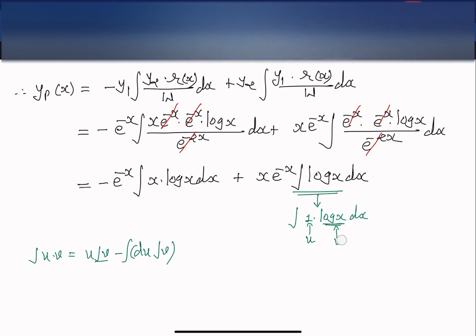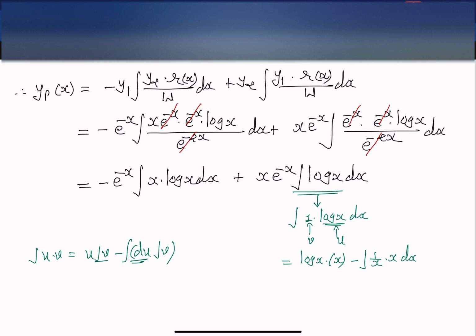So it's always a trial and error method you need to apply. Suppose this is my u, this is my v. So this is equal to u times integration of v, that is integration of 1 is x, minus the integral of the derivative of u, that is the derivative of log x, which is 1 upon x, times x dx.